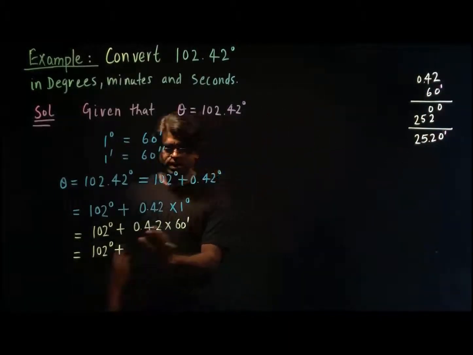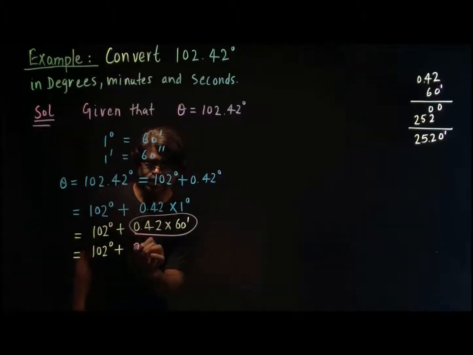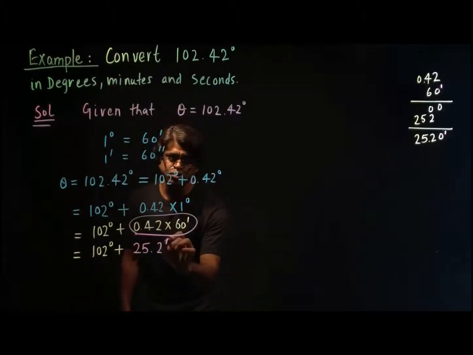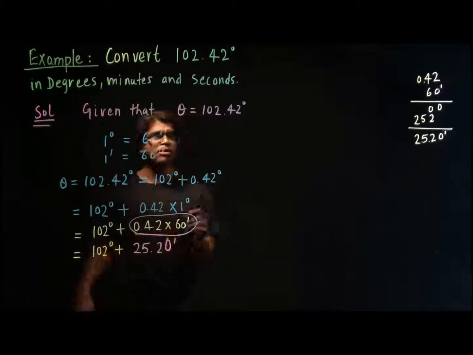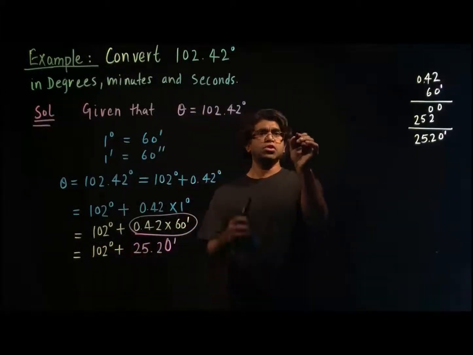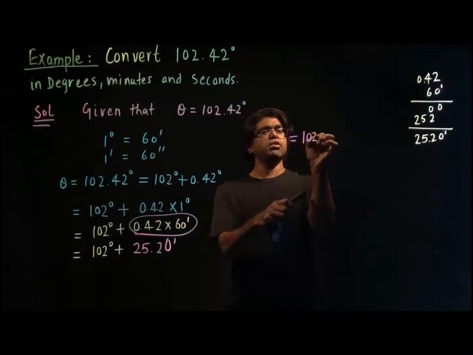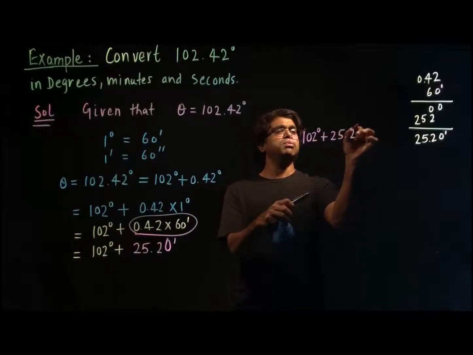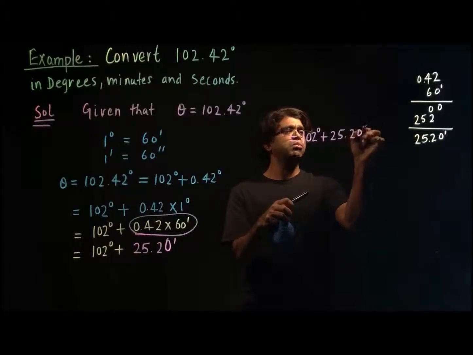So when I simplify this, I will get 25.2 minutes, or I should write 25.20 minutes. Now let's simplify further. I will write 102 degrees plus 25.20 minutes.